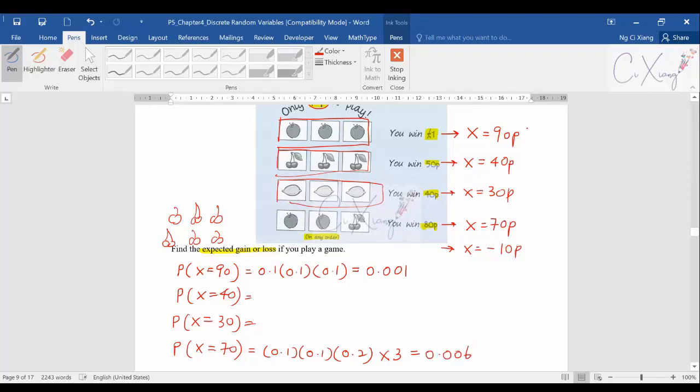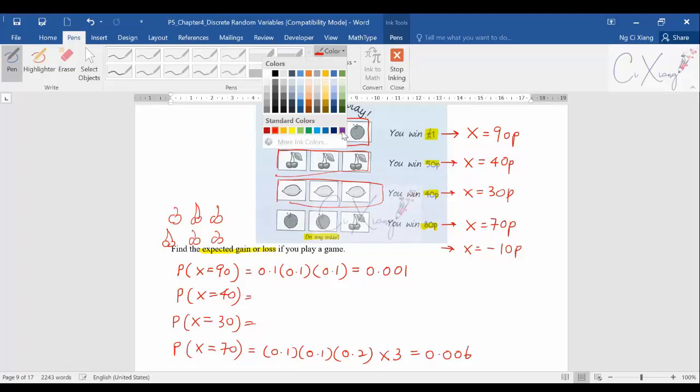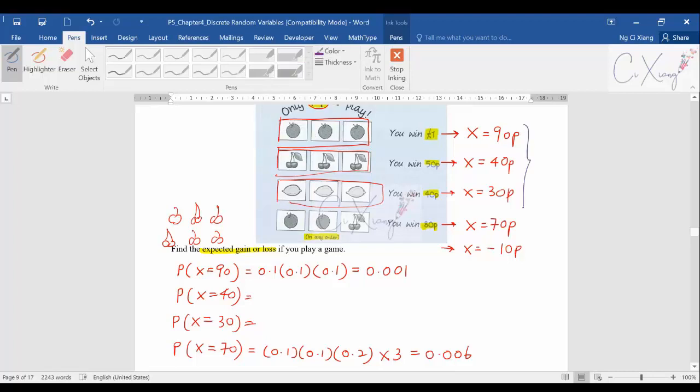Okay, so you completed all this already, right? Then how to get the negative 10 cents one? That means you lost the 10 cents. Okay, these are the possible combinations that you can win the prize. Then that means if you cannot win the prize, there are a lot of other combinations, right?